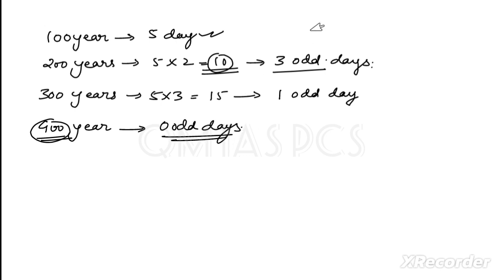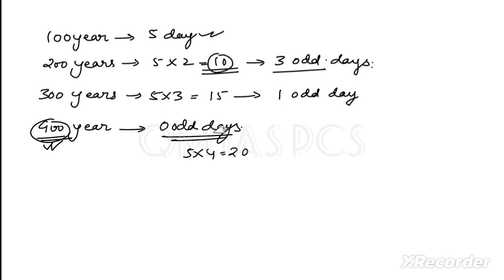Just multiply 5 by 4, it will be 20, and this 400 is also a leap year. Initially we are adding 1 for a non-leap year, but this 400th year is a leap year, that's why we have to add 1 more.